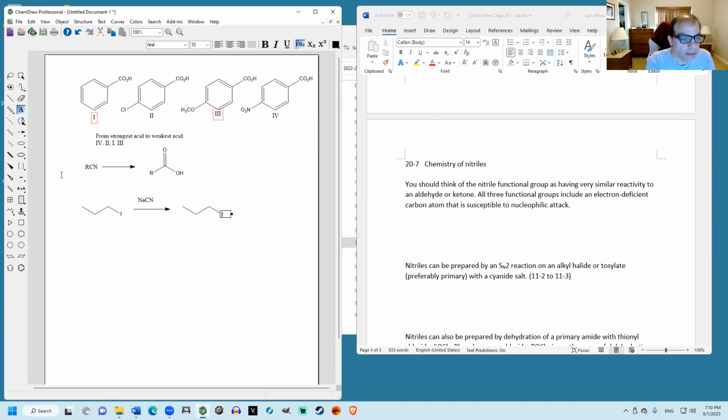By the way, don't forget that a nitrile has a triple bond in it. Don't forget what the structure of a nitrile is. So you wind up with a nitrile that's one carbon longer than the alkyl halide you started with.